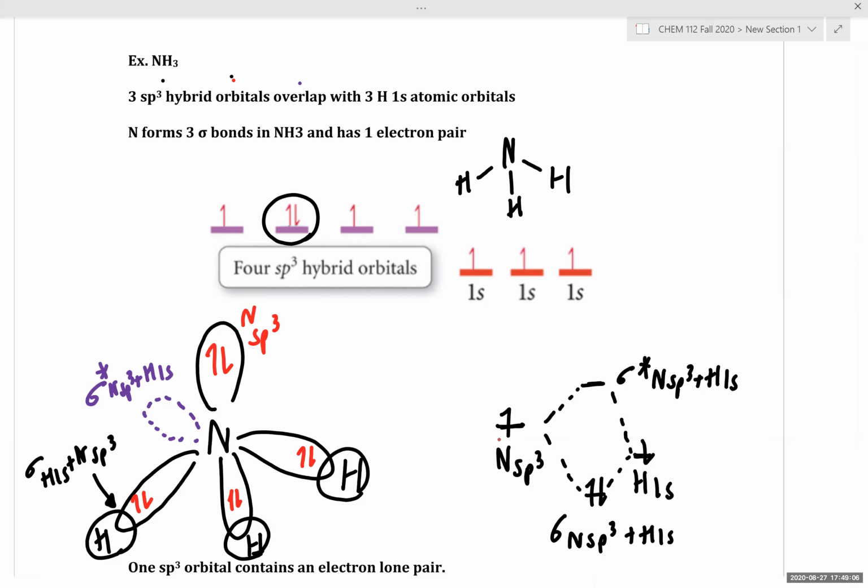So the key takeaway for ammonia, the only thing that's different about ammonia, is that we have a lone pair. And that lone pair, it's not just any lone pair. And this is where you have to be really specific. This is a lone pair that is found in an sp3 hybridized orbital on nitrogen.